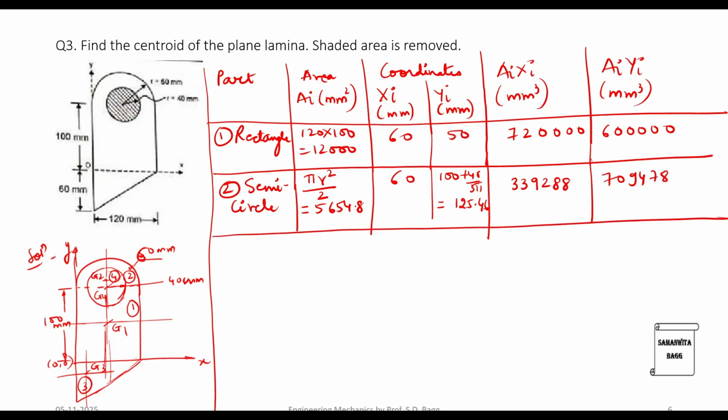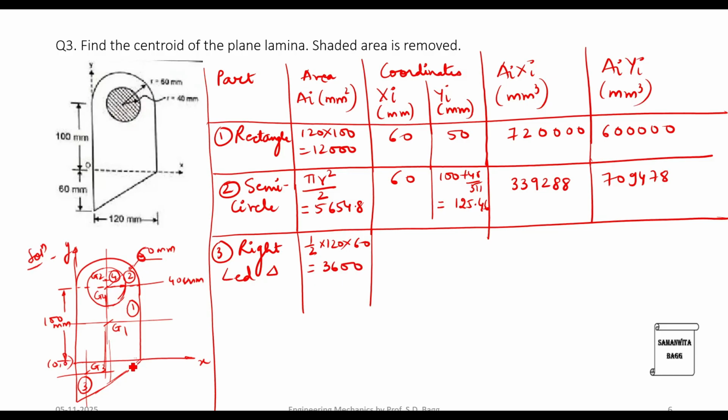Then we'll go for the third shape, which we have taken as the right angle triangle, for which area is half into base 120 into height 60. So this is going to be 3600.